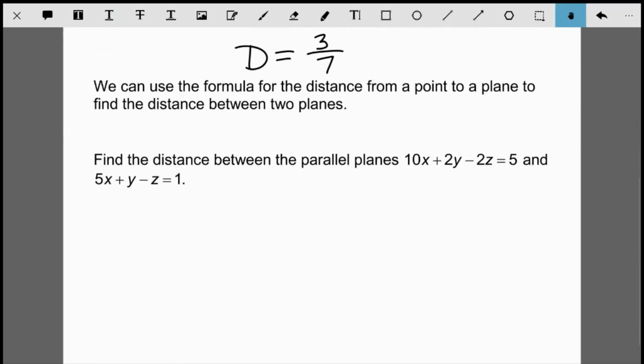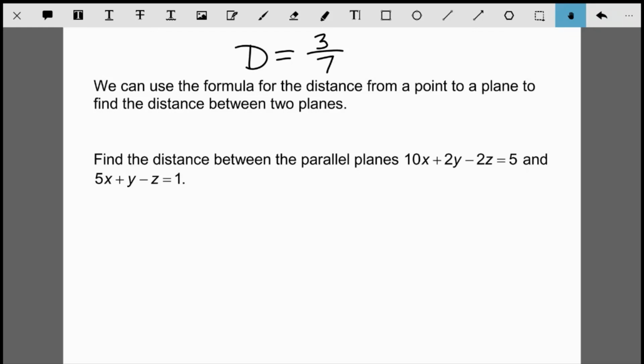Okay, so last thing I want to talk about here is finding the distance between 2 planes by using the distance from a point to a plane. So what we're going to do here is sort of create the same scenario that we had by using the normal vector. So it says find the distance between these parallel planes.